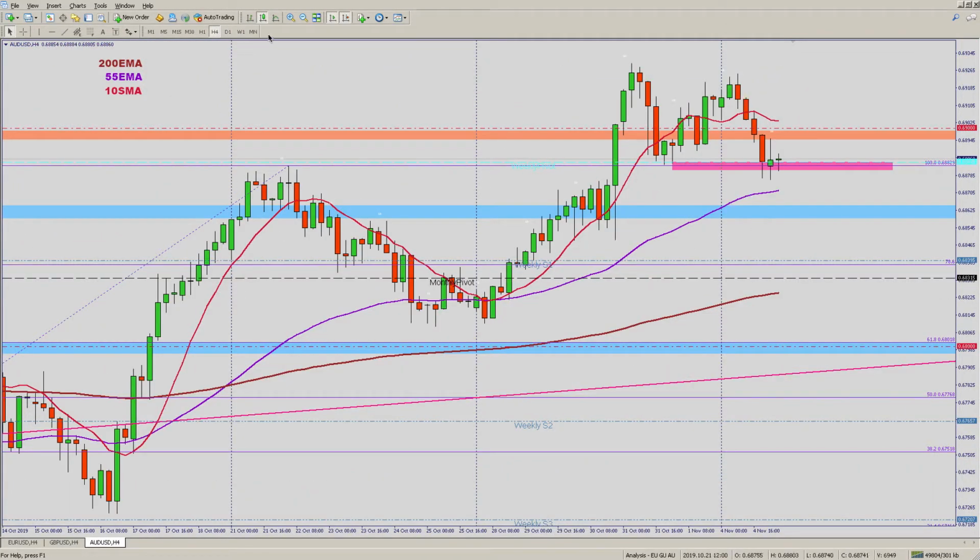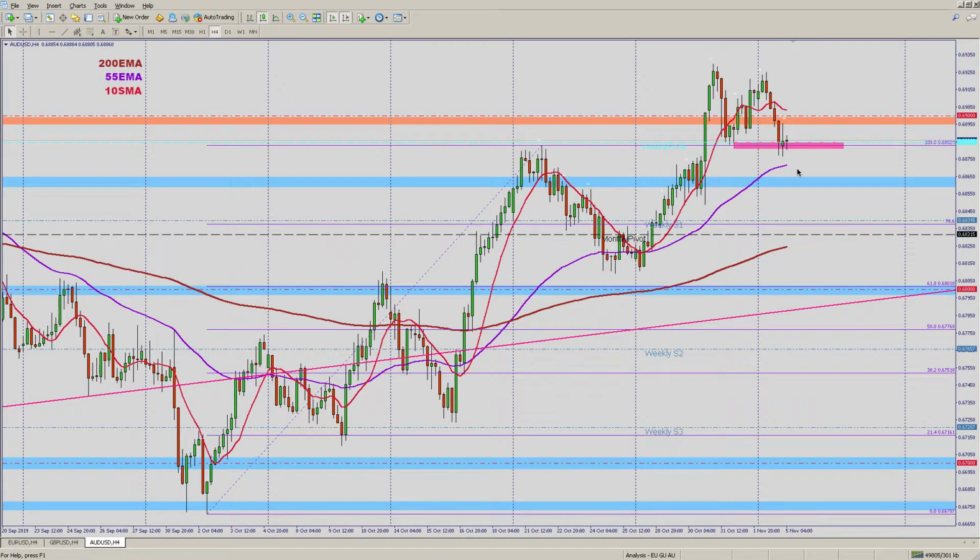Let's take a look at the 4-hour time frame, and yes, it's just sitting at the weekly pivot for now. It potentially could be a reaction and a possible bounce, but I doubt it's going to be a significant rally of note.